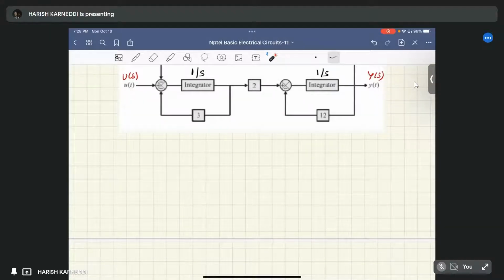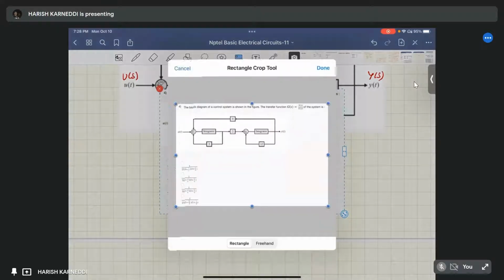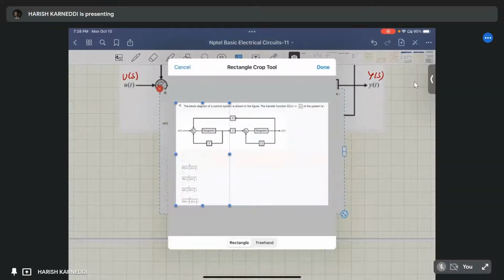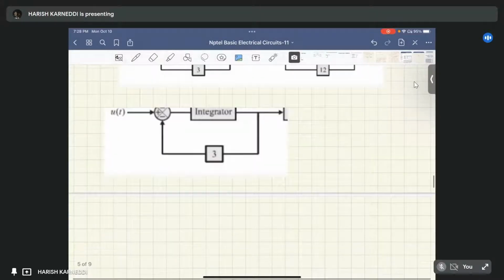So I will put the same figure. Okay, now we have considered up to this point.